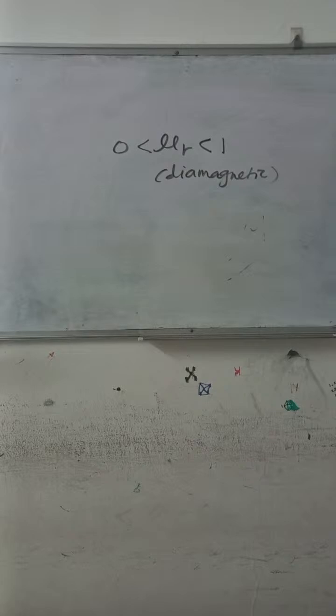I will repeat one more time. If the magnetizing field of a ferromagnetic material is increased, then its permeability: A, decreases; B, increases; C, remains constant; D, first increases and then decreases.